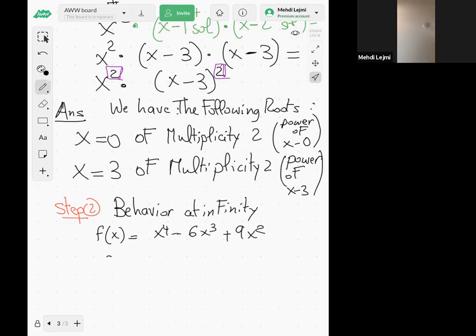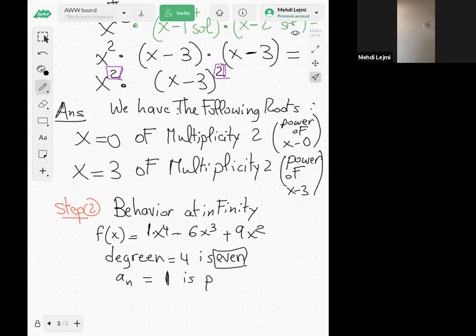So the degree n is 4, which is even. And the leading coefficient, a subscript n, is 1, since it's 1 times x to the power 4. So it's 1, which is positive.